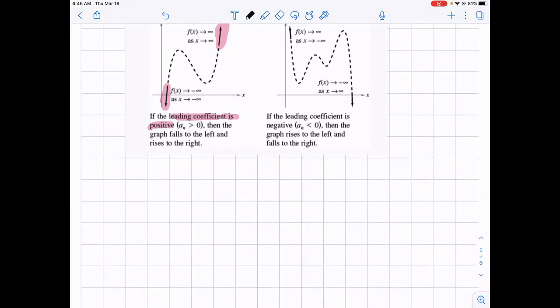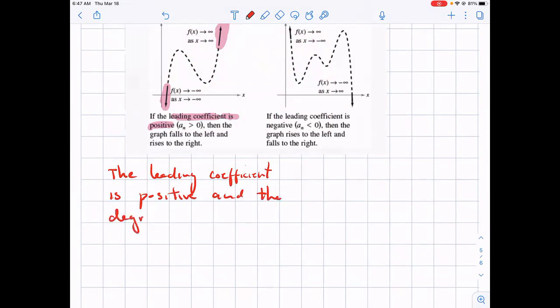So two things to note here: the leading coefficient is positive, and the degree is odd. That's for this graph here.